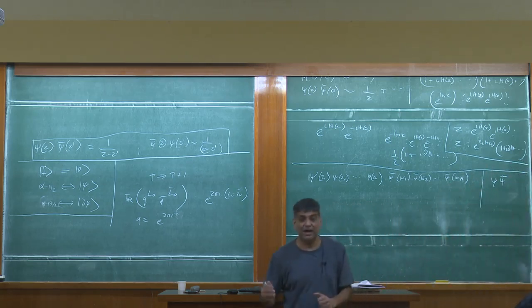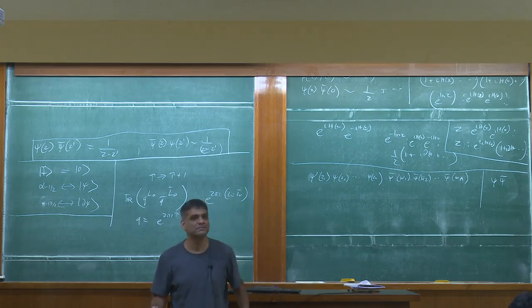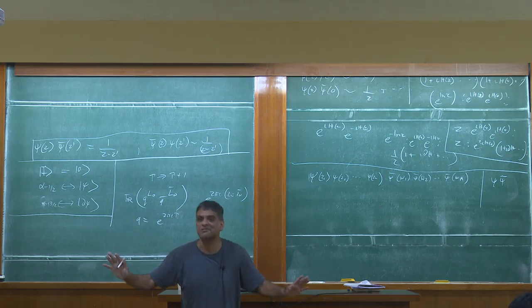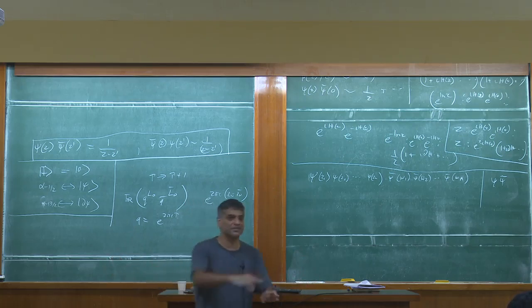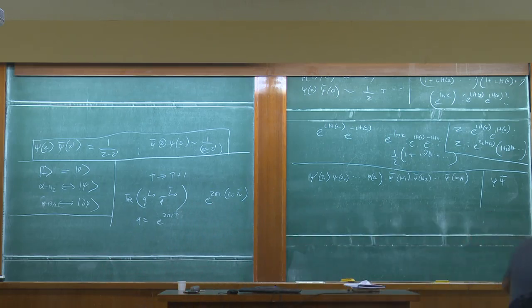Okay, let's do a sanity check. Currents have to have dimension 1. Why do currents have to have dimension 1, somebody? The integral of the current is a conserved charge, so it's dimension 0. And we're in 1+1 dimensions, so the integral is over a 1 dimensional manifold. Okay, currents have to have dimension 1, and this clearly has dimension 1 because this, by the way, is normal ordered.